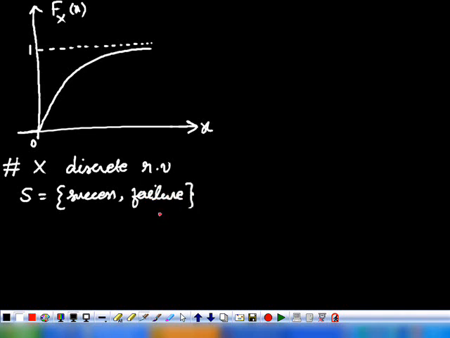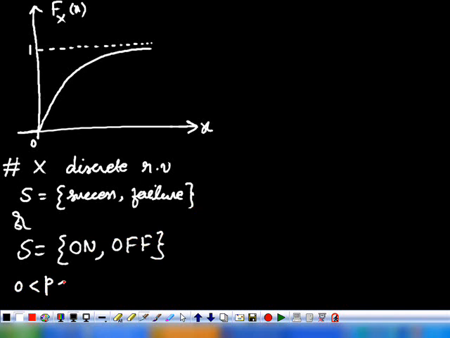I think you might have heard about the Bernoulli trials. In Bernoulli trials, the sample space has only two elements, 1 or 0, on or off. Let us assume P is the probability of success, which lies between 0 and 1; P is real.